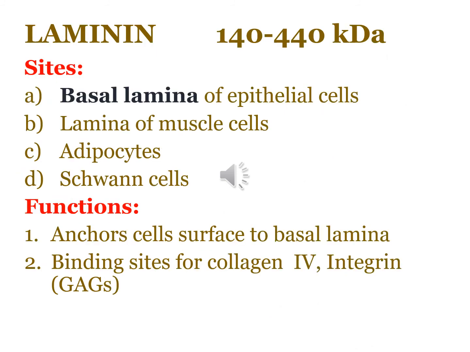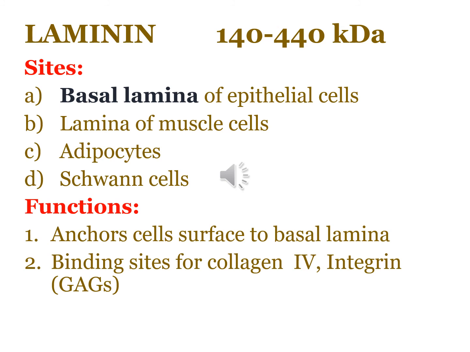Now laminin. This glycoprotein is basically concentrated in the basal lamina of the epithelium and in the external lamina surrounding the nerves, the muscle cells, and the adipocytes, and in the nerve cell you can see it in the Schwann cell. So this laminin, as the name indicates, is concentrated in the basal lamina.